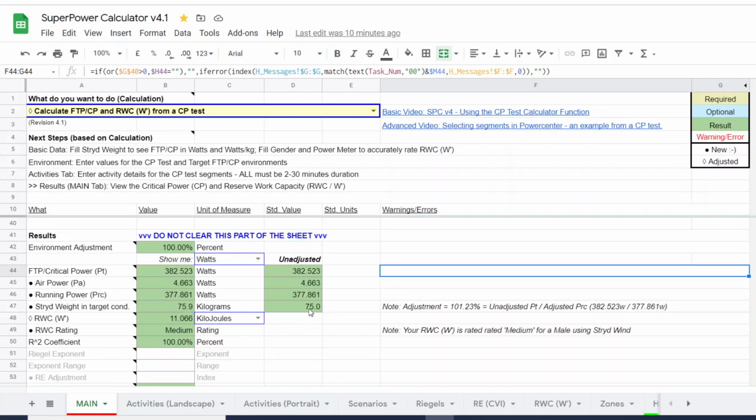So if the runner uses 75 kilogram weight setting outside, this is their threshold power, their critical power that they should run off of.